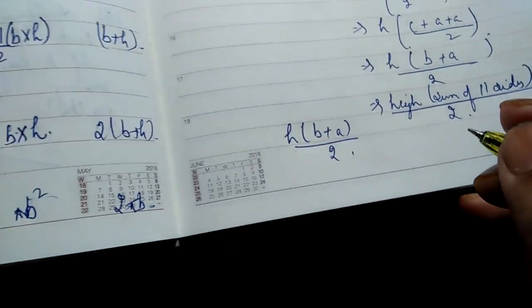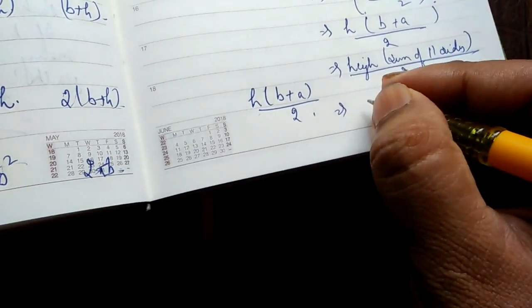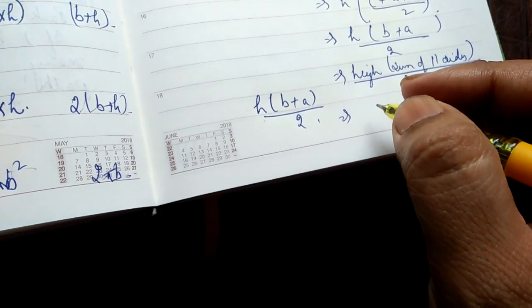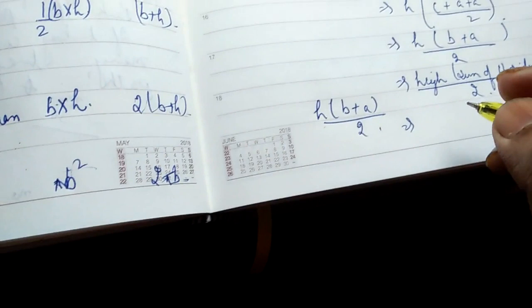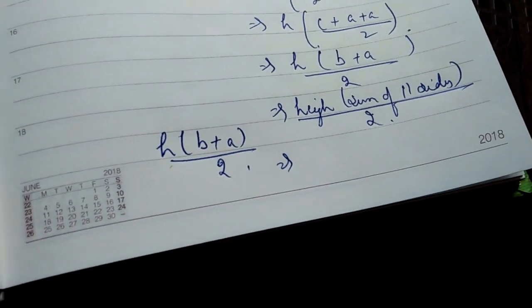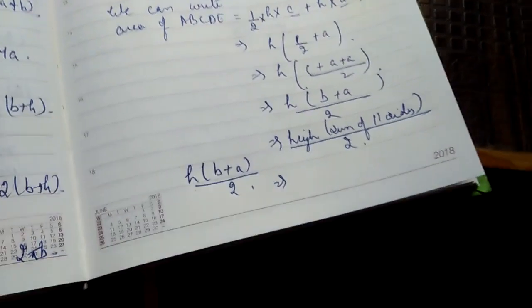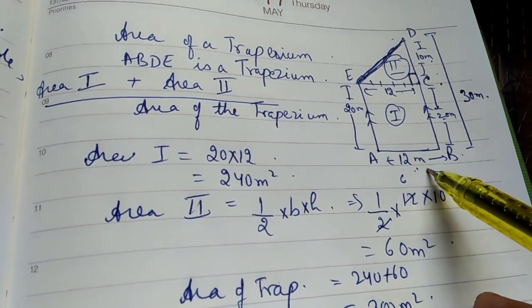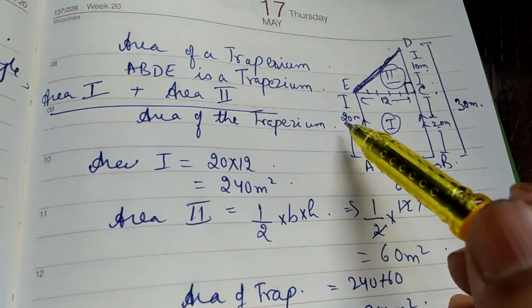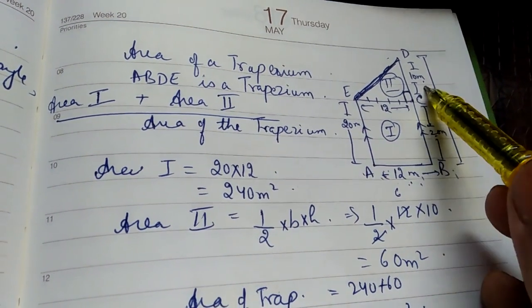So the above area can also be found out by height of the trapezium and sum of parallel sides. So height in this case will be this one, 12 meters. This is the height of the trapezium, and the parallel sides are AE and DB.